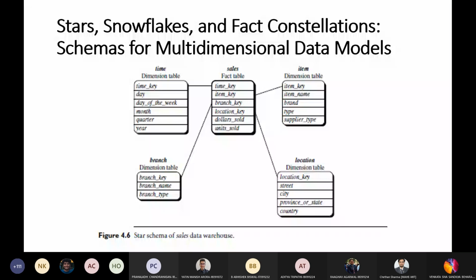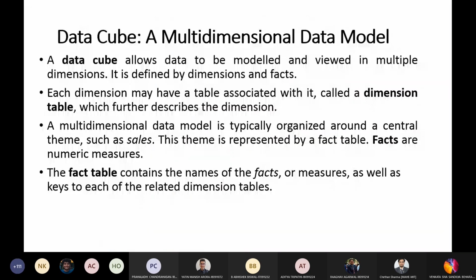Okay. And units sold, that is the number of units sold in a particular month, or maybe the amount budgeted for that particular month. So these are facts. Okay. Which are usually the numeric measures. So the fact table contains names of the facts or the measures, as well as certain keys. One example we'll see in the next few slides.